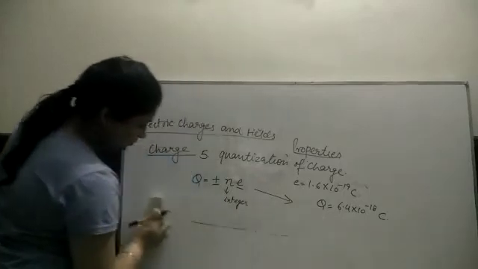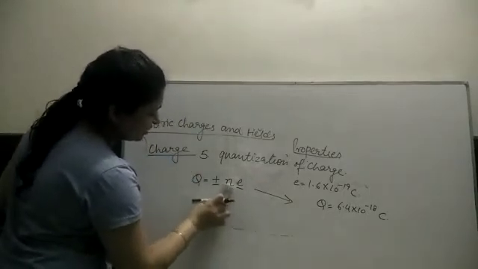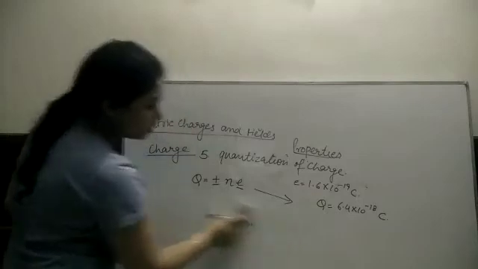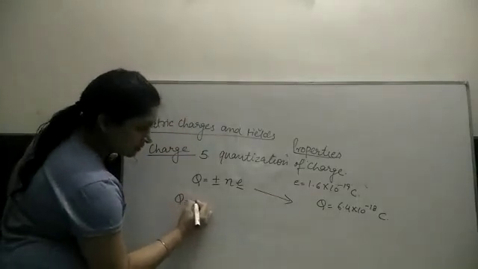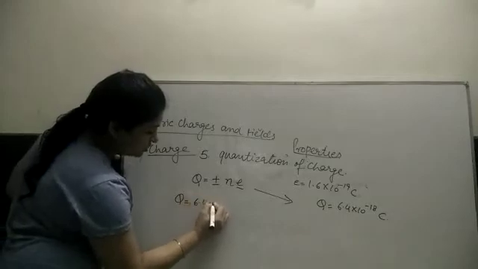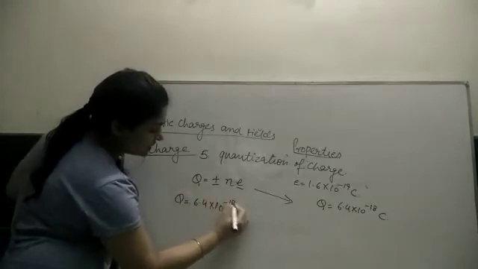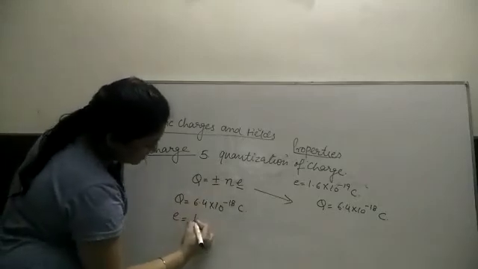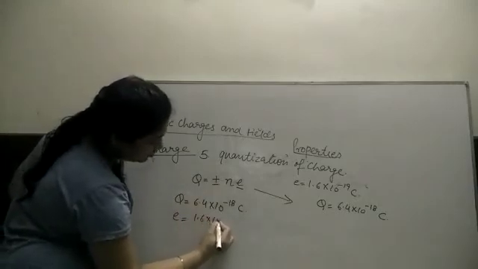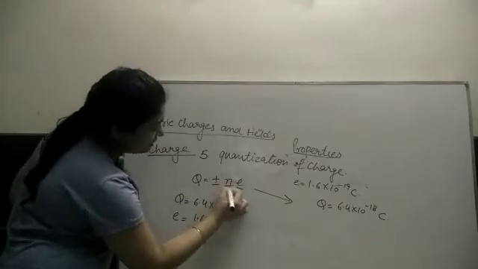So this formula I am going to apply here, and I have to simply check whether n is an integer or not. So Q is 6.4 into 10 raised to power minus 18 coulomb. And e is the electronic charge, that is 1.6 into 10 raised to power minus 19. Simply find this n.